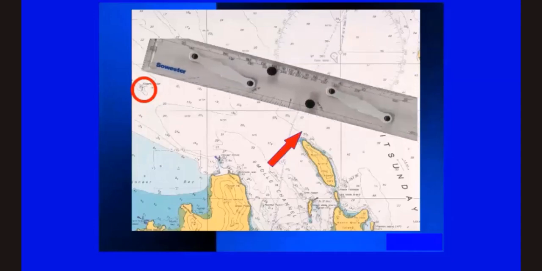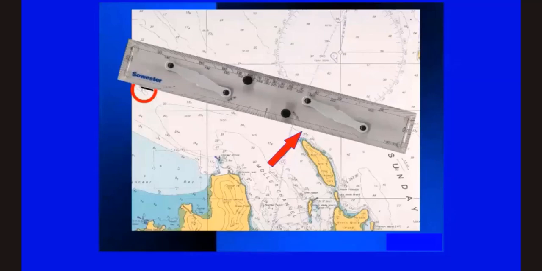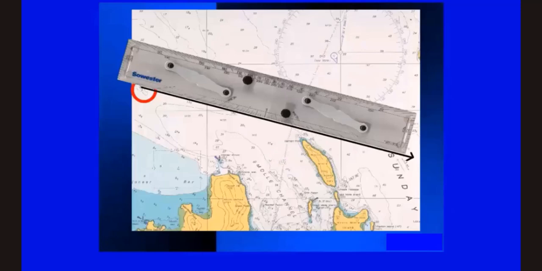Lay the parallel rules with the bottom edge between these 2 points and draw a pencil line. Don't worry if you extend the line too far. This is called your run line, the basic course you intend to sail, otherwise known as your track.